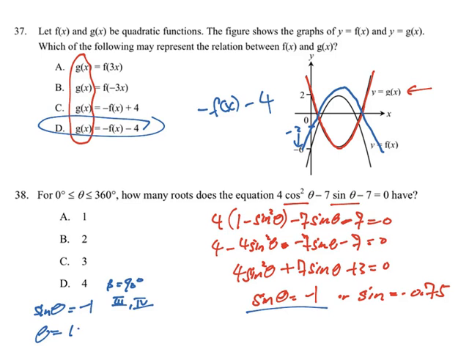So for quadrant 3, 180 plus 90. For quadrant 4, it is 360 minus 90 minus the beta. Same, we can get 270. So that means for this case, it is only one root.